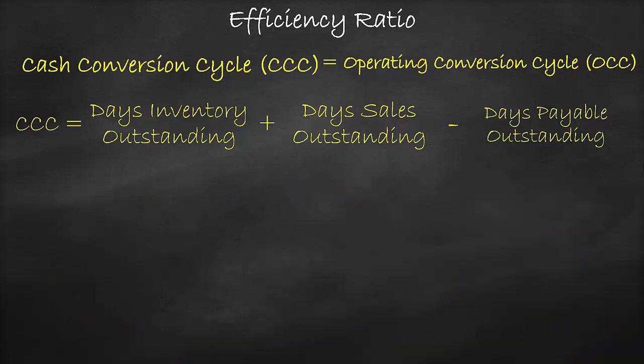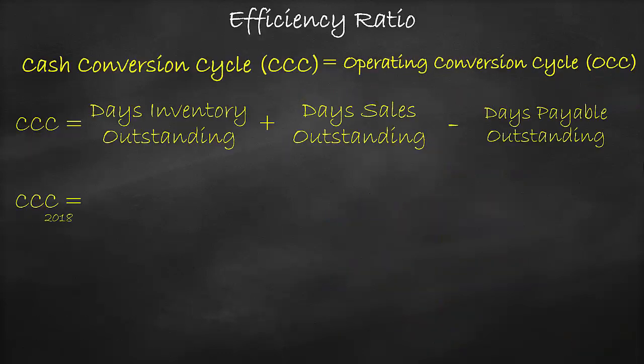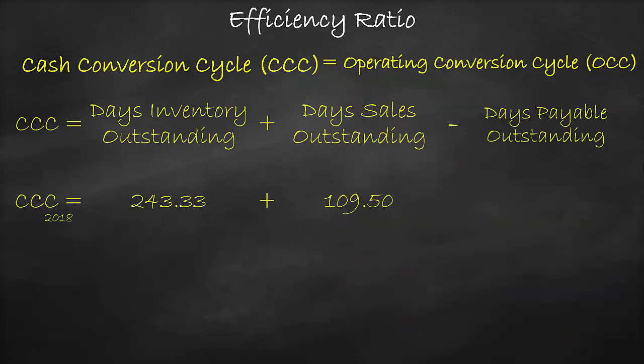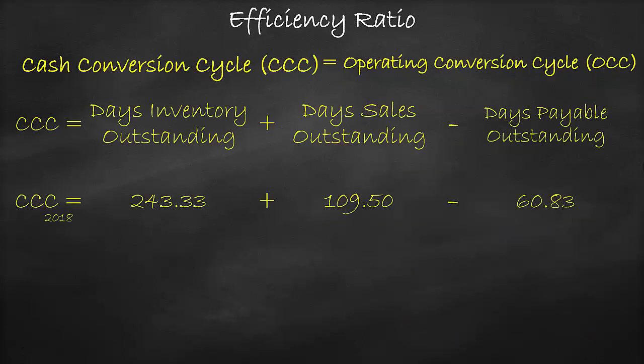Let's calculate the cash conversion cycle for the year 2018. We calculated the days inventory outstanding of 243.33 days in 2018 earlier. We calculated the days sales outstanding of 109.50 days in 2018 earlier. We also calculated the days payable outstanding of 60.83 days in 2018 earlier.